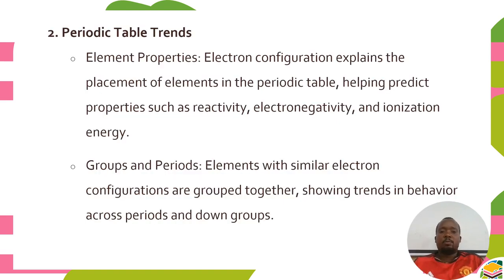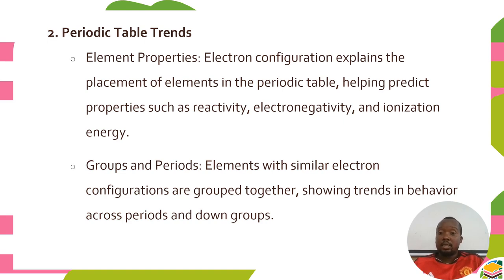The same electron configuration will also assist us to know the trends of the periodic table, that is the element properties, their groups and periods. On element properties, the electron configuration will explain the placement of elements in the periodic table, helping predict properties. And which are these properties?